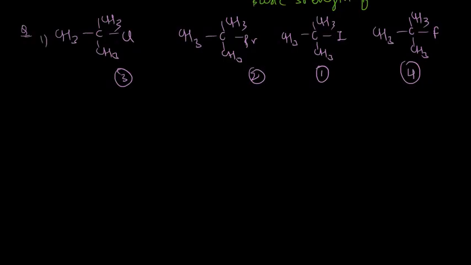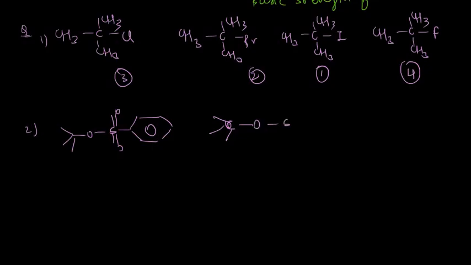Let's do the second problem. Here we have a leaving group, O-S double bond O, with carbon. Here we have a methyl group attached, and to this we have an NO2 group attached.